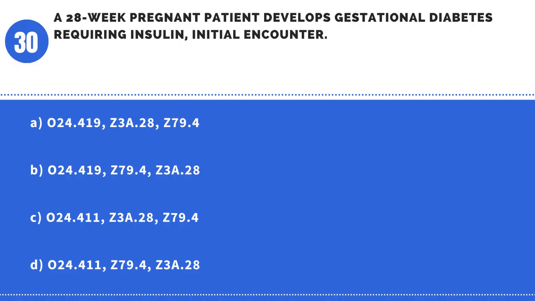Question 30. A 28-week pregnant patient develops gestational diabetes requiring insulin, initial encounter.